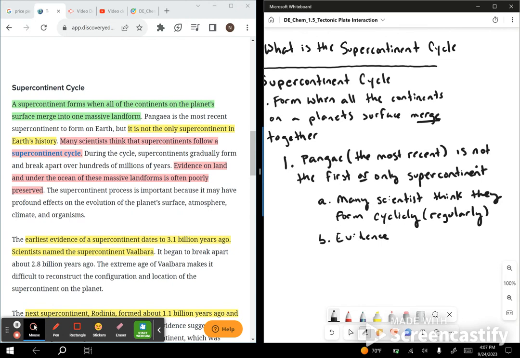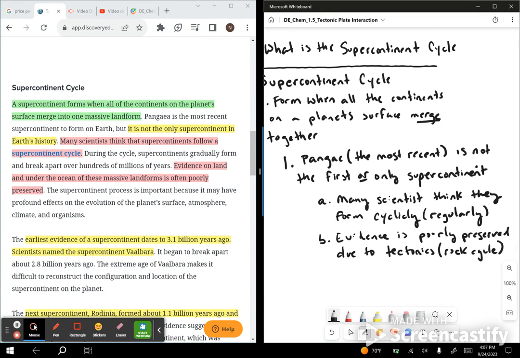Evidence is poorly preserved due to tectonics and that rock cycle. A lot of our evidence is destroyed.